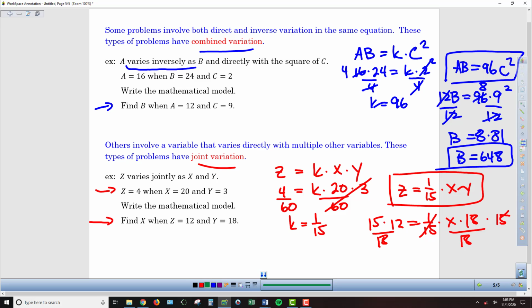So if we do a little bit of reducing here, the 18 and 12 are both divisible by 6, so I can replace that with a 2, that with a 3, and then 15 and 3, I can reduce that. The 3 goes, 15 becomes a 5, so then we're all left with x equals 5 times 2, so 10.